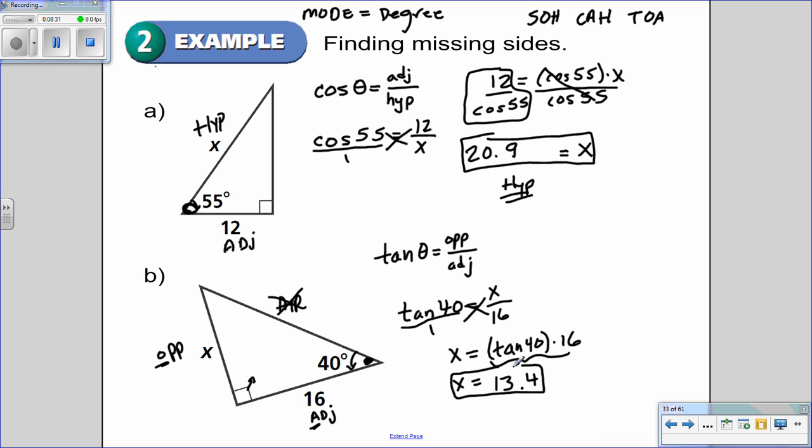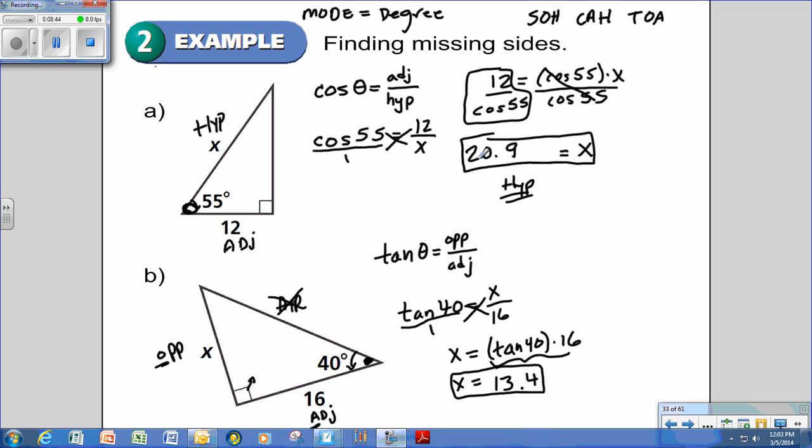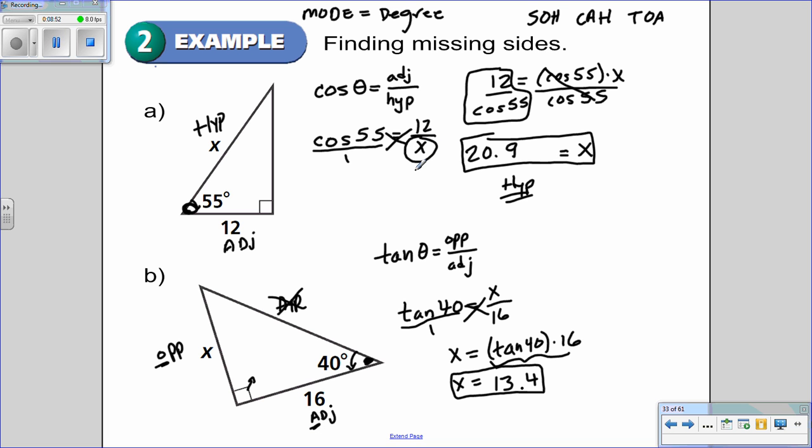Now, if you get a crazy looking number that doesn't make a whole lot of sense, then your mode is probably not in the correct mode. It's probably in radian. You want to make sure your mode is in degree. So a quick summary here. When you set up your proportion, if your unknown value is on the bottom, you can see that our operation was division when we did our math.